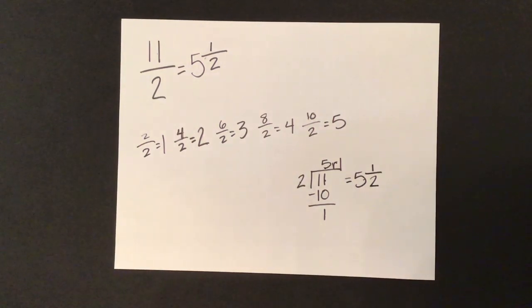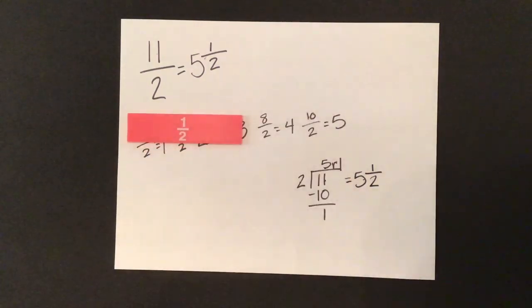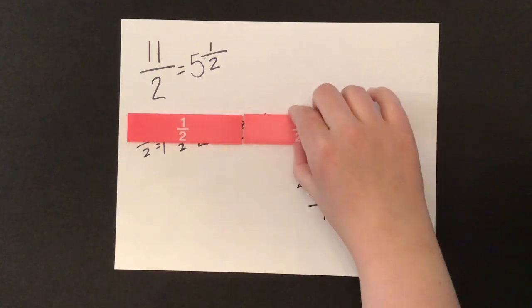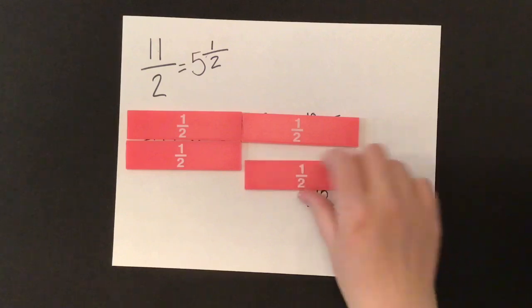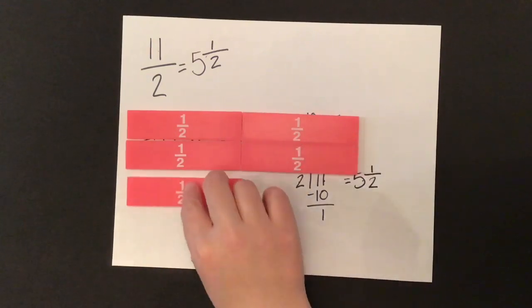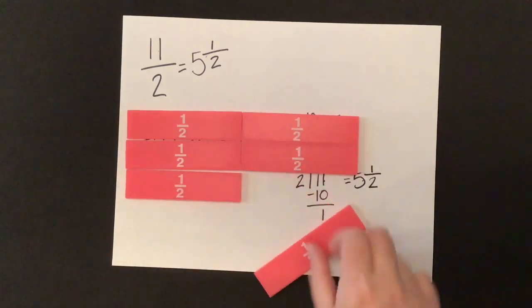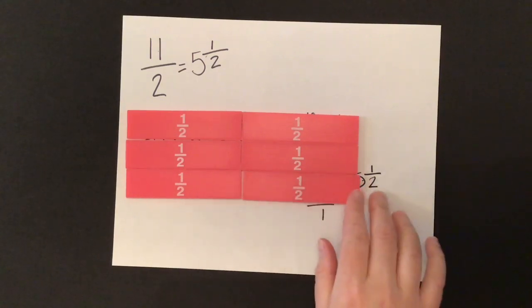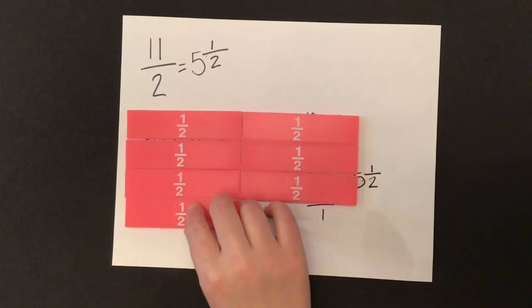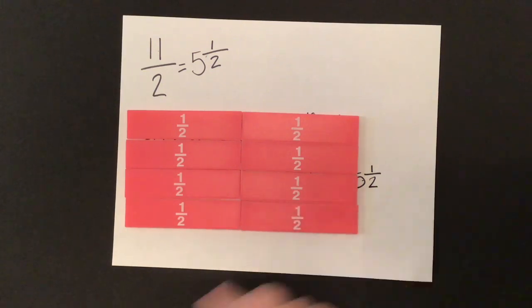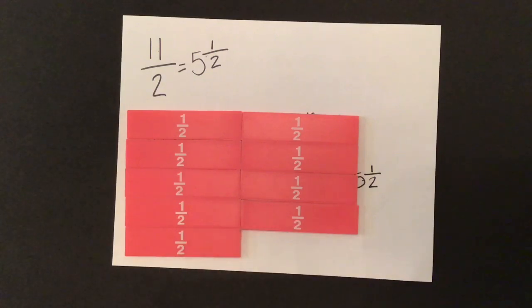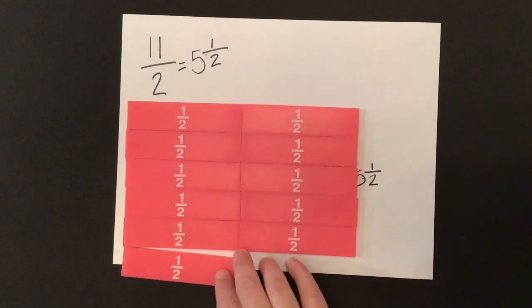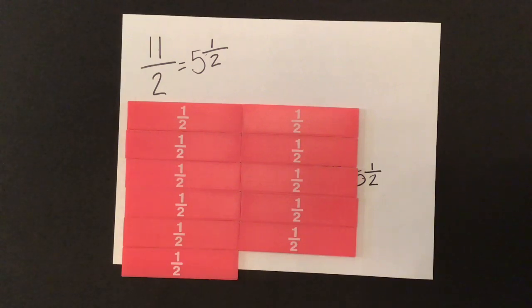I can check my work with fraction bars. There's 1/2, 2 halves, 3 halves, 4 halves, 5 halves, 6 halves, 7 halves, 8 halves, 9 halves, 10 halves, and we have 11 halves.